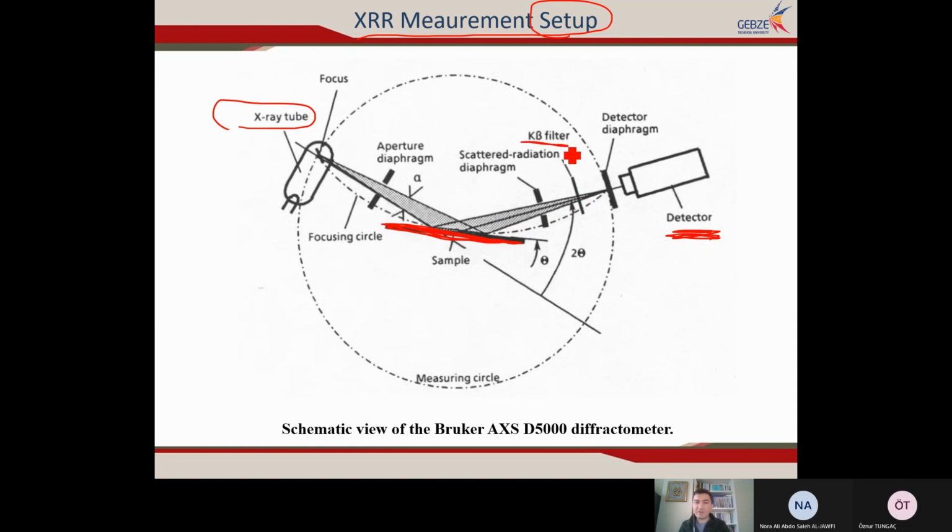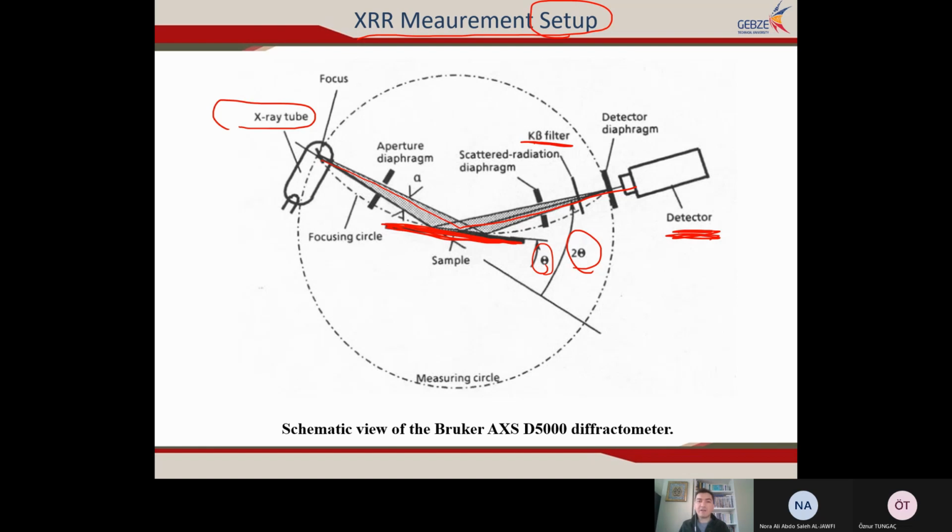Here we have a K-beta filter. We have discussed this one in previous lectures. Okay, so X-rays are coming from the X-ray tube and they go to the X-ray detector. This theta is the sample angle, this 2 theta is the detector angle. We have also discussed all these things in the X-ray diffraction part. So today I will not go into detail. What you have learned in X-ray diffraction is valid here related to the setup, okay?